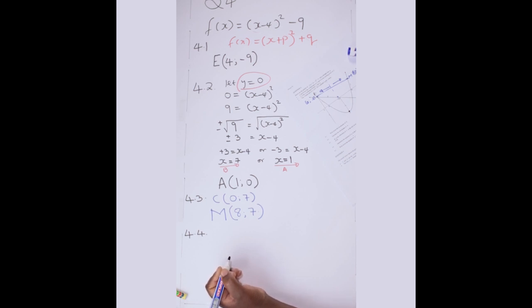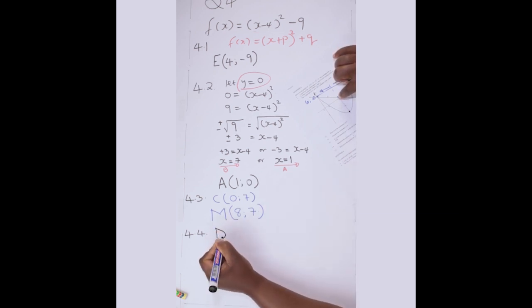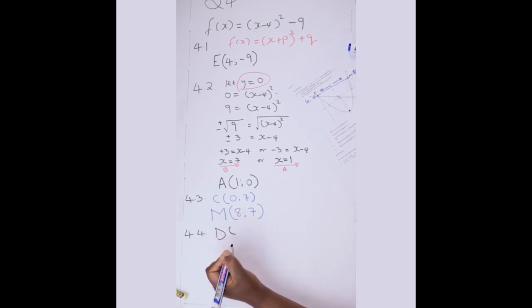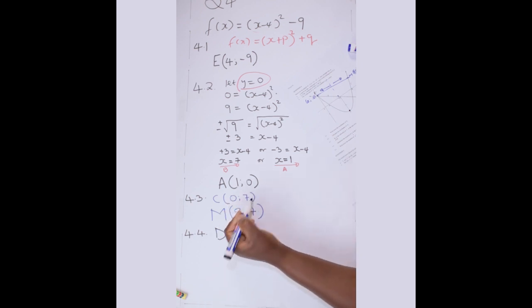And we can find our equation now. So let's see if we can get to our gradient. Point D, we also know it. Point D, which is the x-intercept of that graph, is going to be 4 and 0, while point C, which is the y-intercept, is 0 and 7.